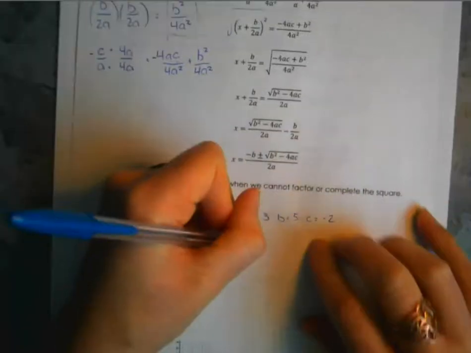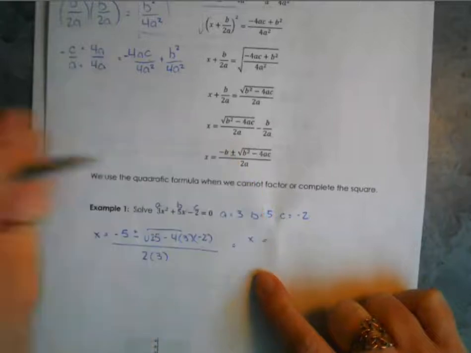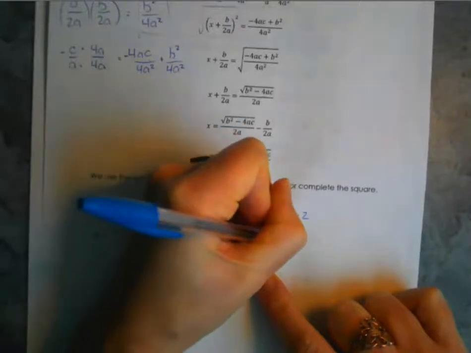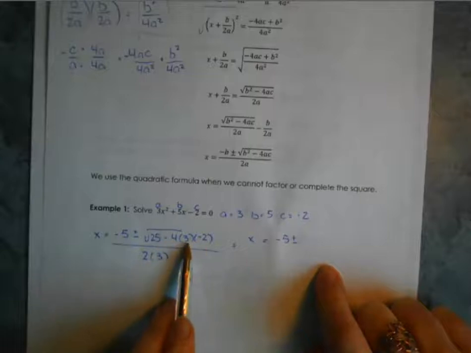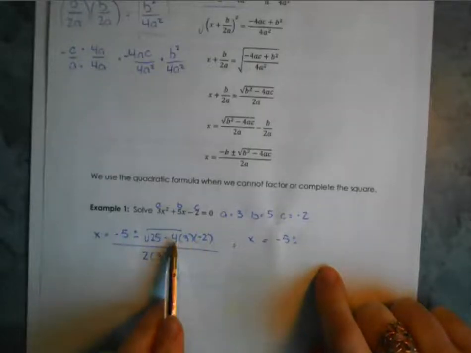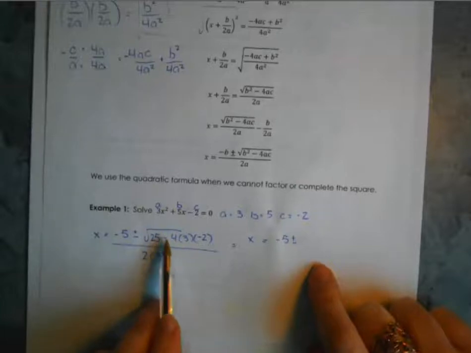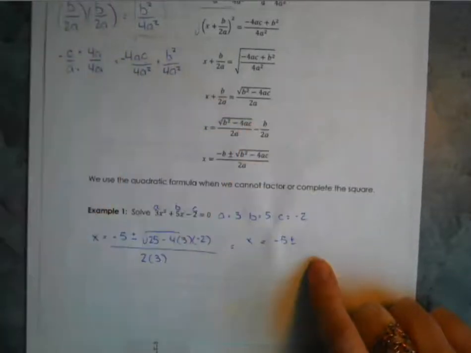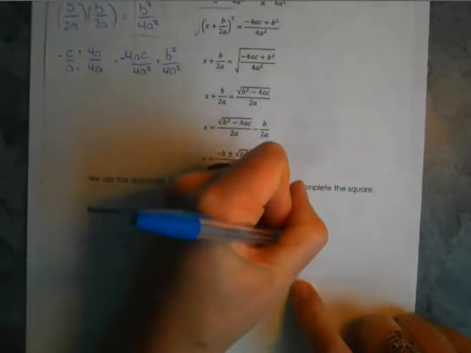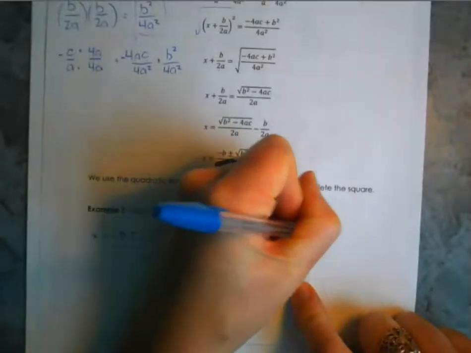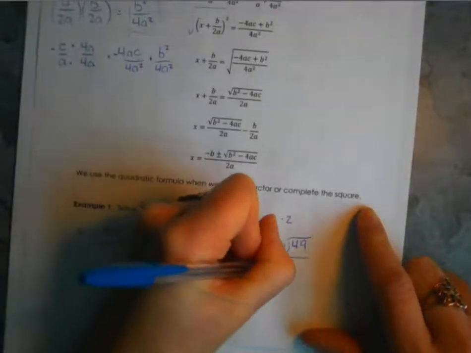So that's going to give us x equals negative 5 plus or minus the square root of, negative 2 times 3 is negative 6, times 4 is negative 24, but we have minus negative 24, so it's going to be plus 24. 25 plus 24 gives us 49. So we want the square root of 49. And then 2 times 3 is 6.